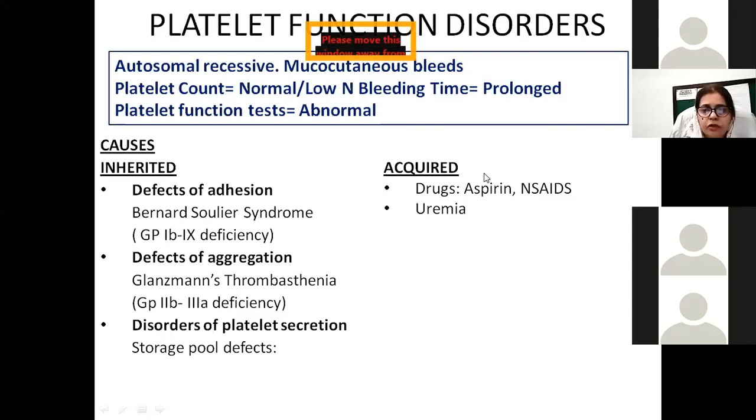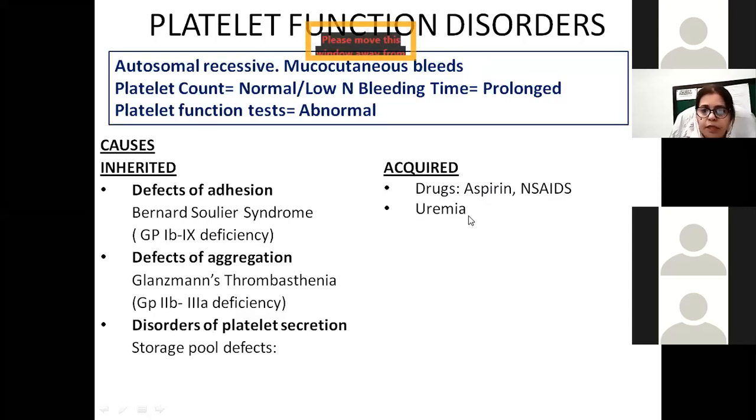The acquired disorders very commonly are due to aspirin and NSAIDs and other antiplatelet agents. These drugs are given especially in patients who have undergone CABG surgery, or cardiac bypass surgery, in order to prevent excess clotting tendency.